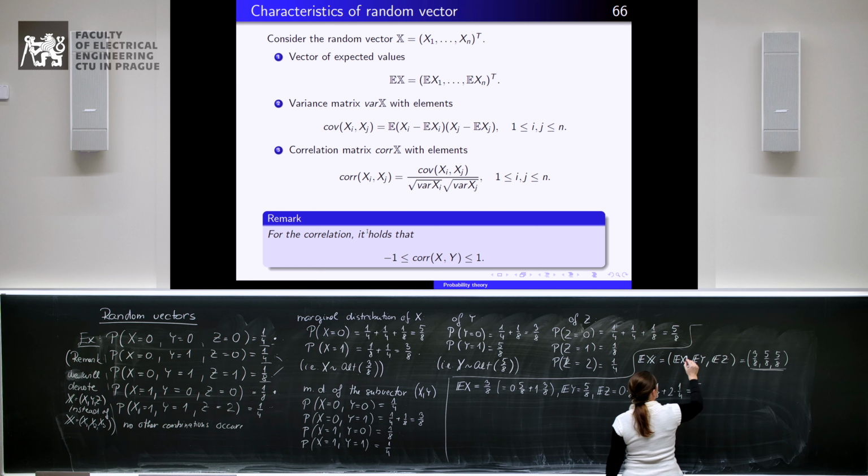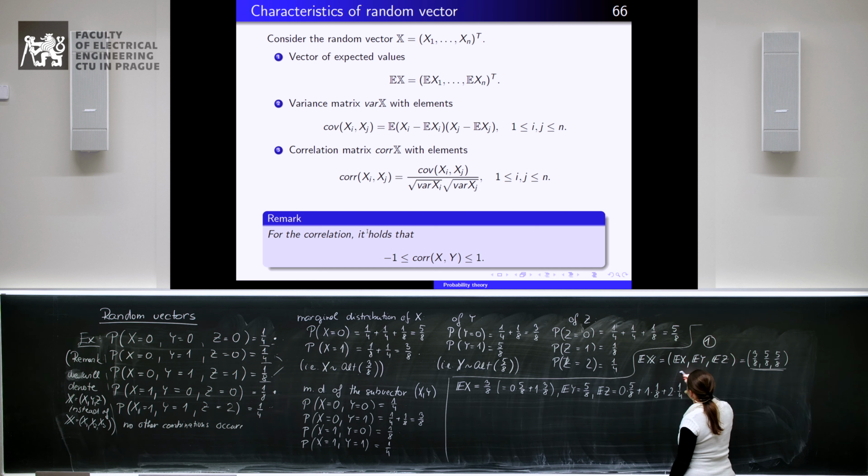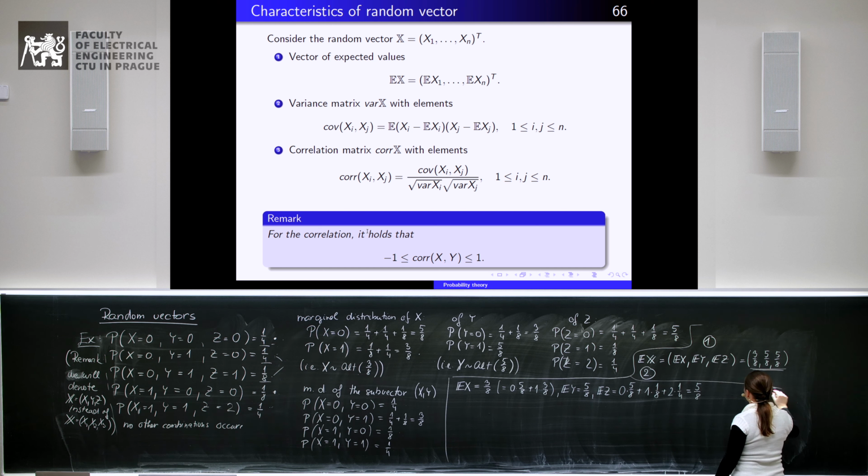So this is the first characteristic, and the second characteristic we will study is the variance, or sometimes called covariance matrix.